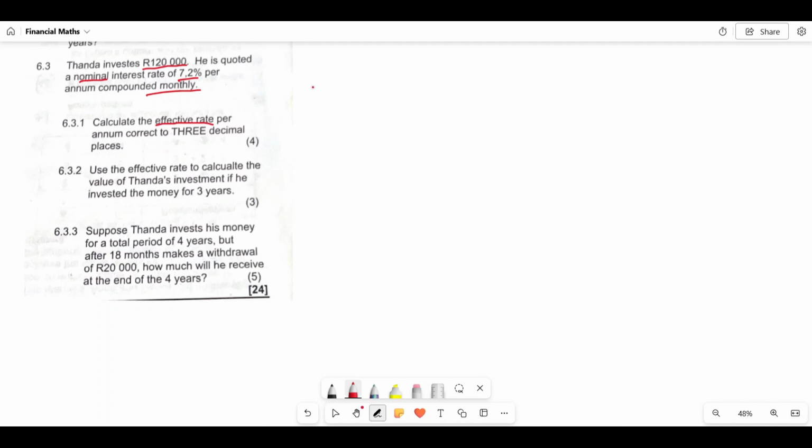So you'll notice something here. They mention the nominal rate, and now they are mentioning the effective rate. So now they are asking us about the effective rate, but we are given the nominal rate.